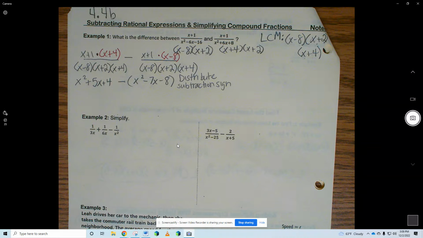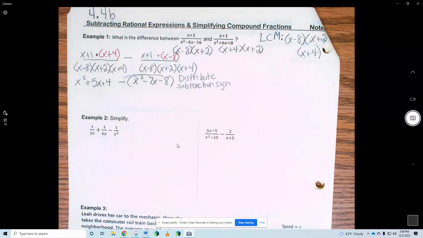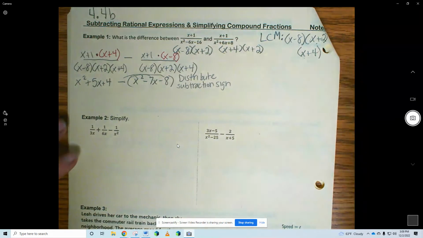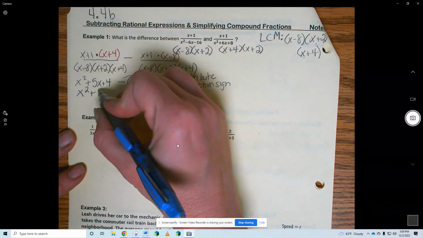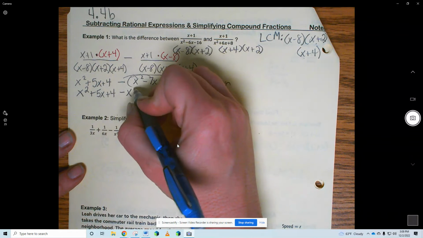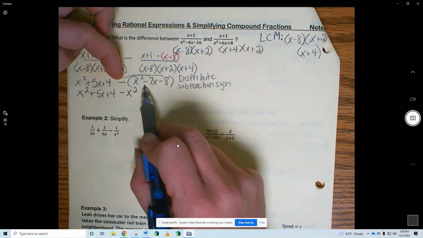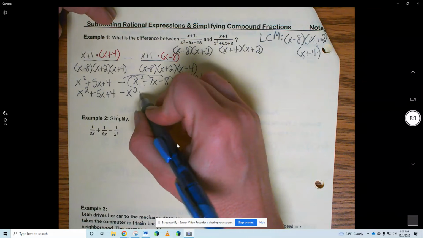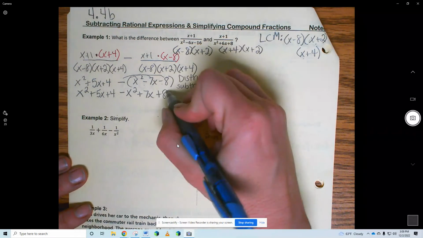So I'm going to distribute that negative sign. And now I can adequately write it. X squared plus 5x plus 4 minus x squared. So I'm changing the signs. Subtract a negative 7 plus 7x. Subtract a negative 8 plus 8.